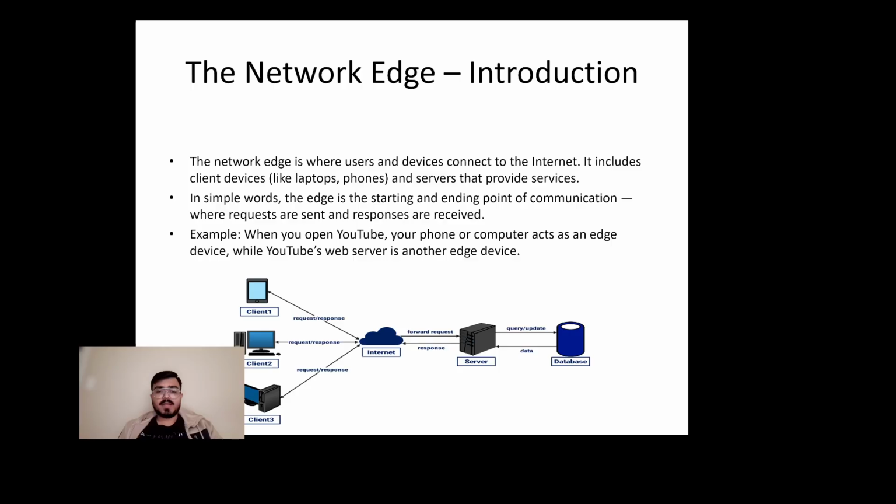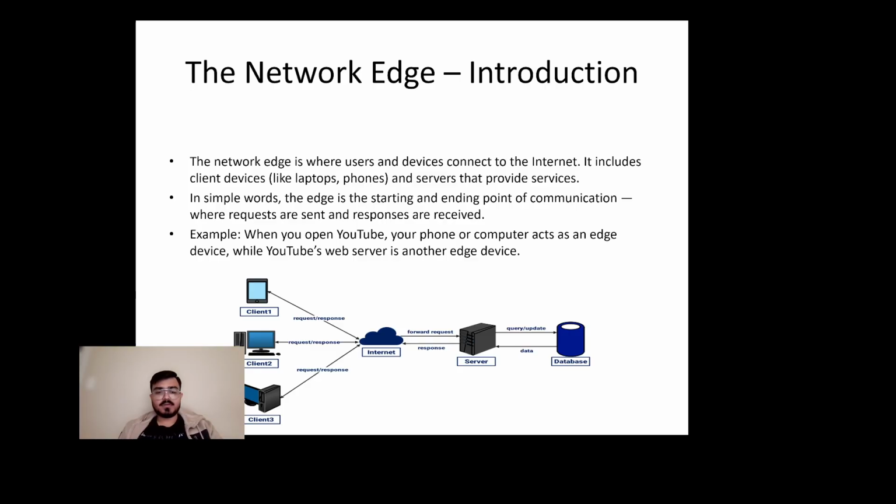For example, when you open YouTube, your phone or computer is at the edge because that's where the request starts. The YouTube servers, which store videos, are also edge devices on the other side. So both the sender and receiver sit at the edges of the network.